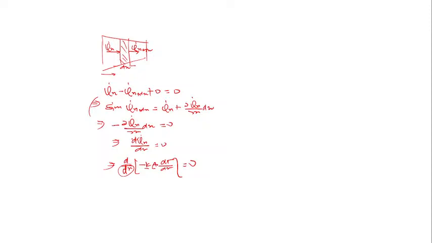Any problem? And if you integrate this equation, then minus kA into dT upon dx is equal to C1, and C1 is nothing but the rate.